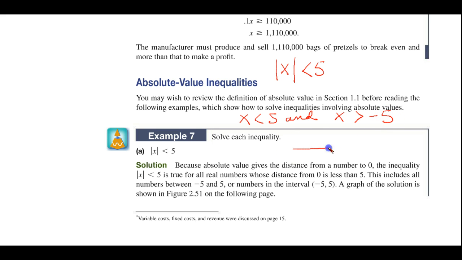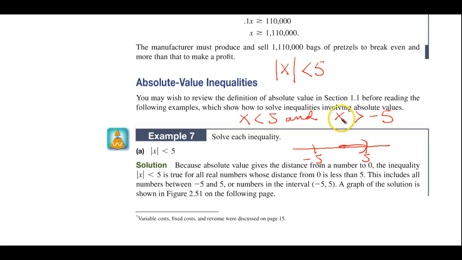Now when we graph that, which is what I'm assuming they'll ask you to do, x is less than 5. We're going to put a number line, and of course our values that we're interested in, a negative 5 and a 5, and less than 5 would be a parenthesis, and your line going in this direction.